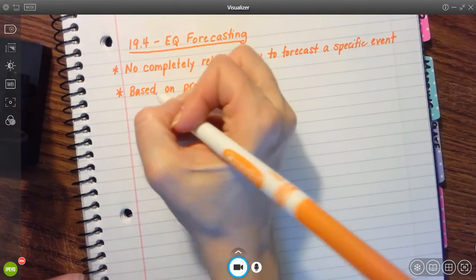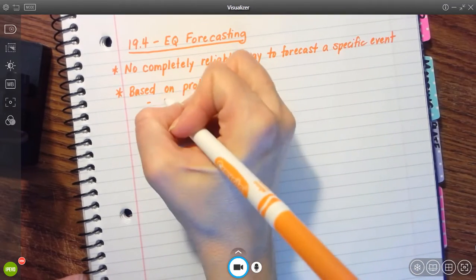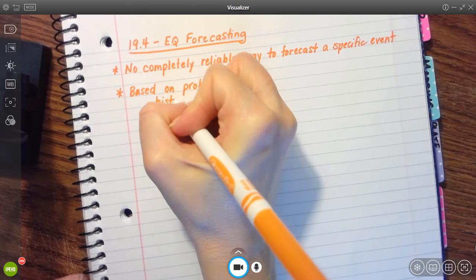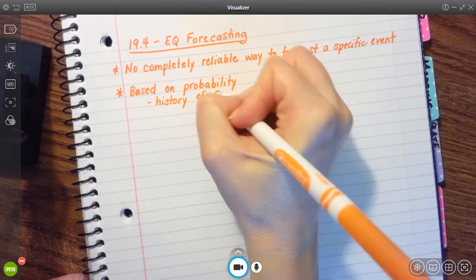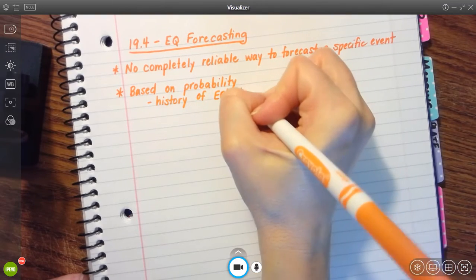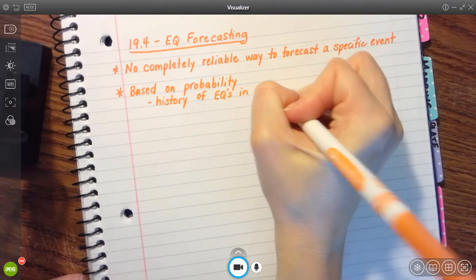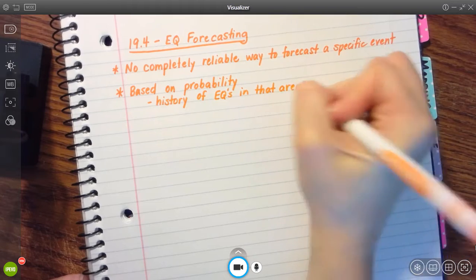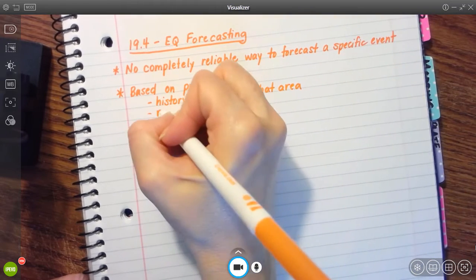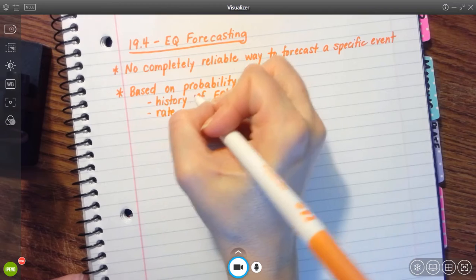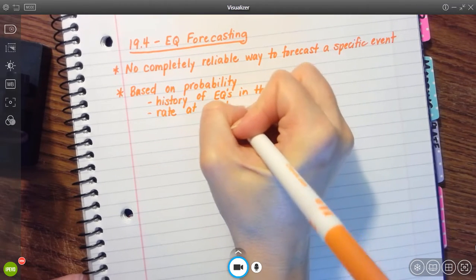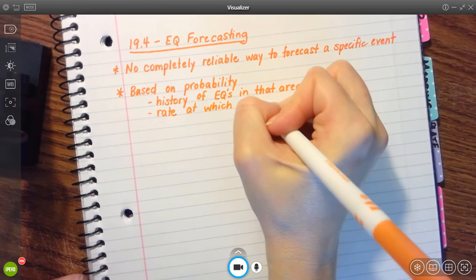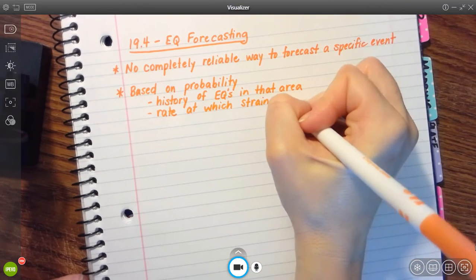They decide how likely an earthquake is to occur based on the history of earthquakes in that area and the rate at which strain builds up.